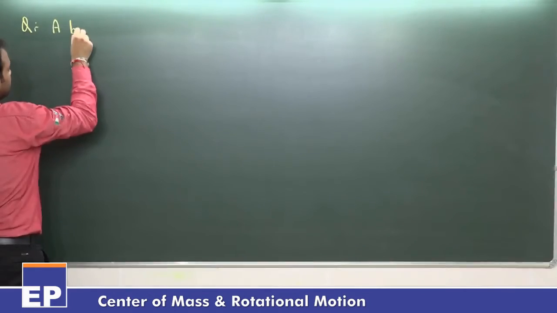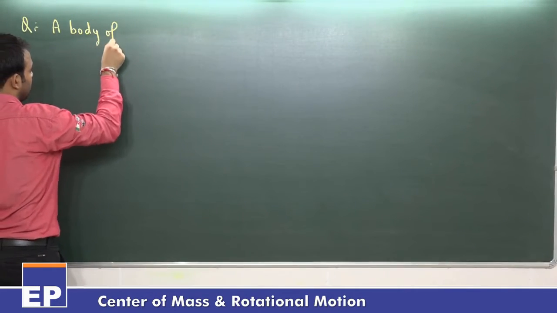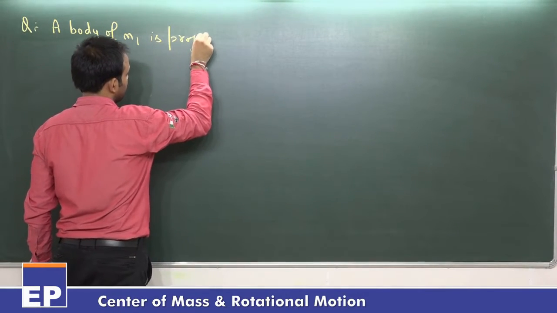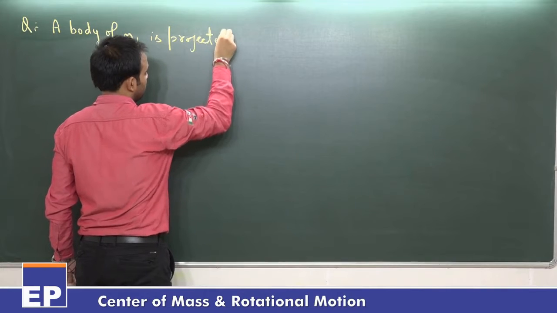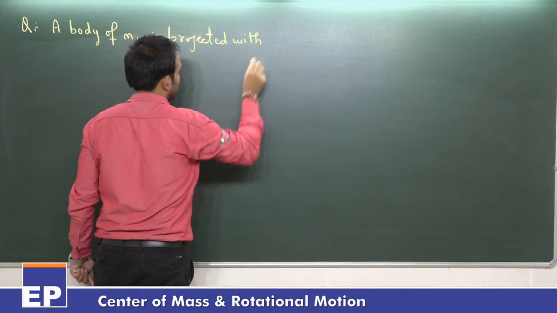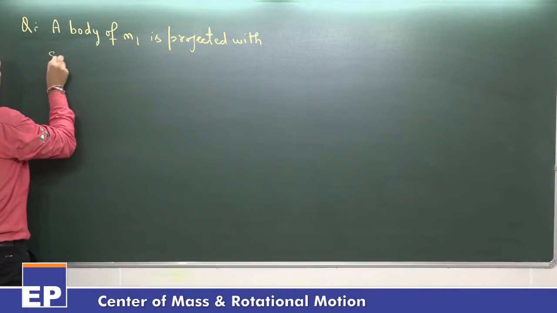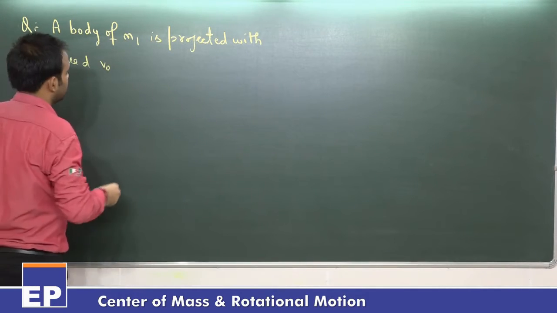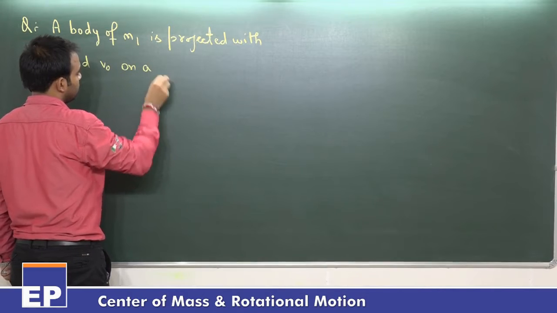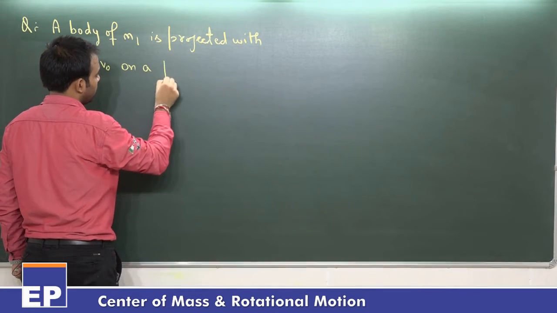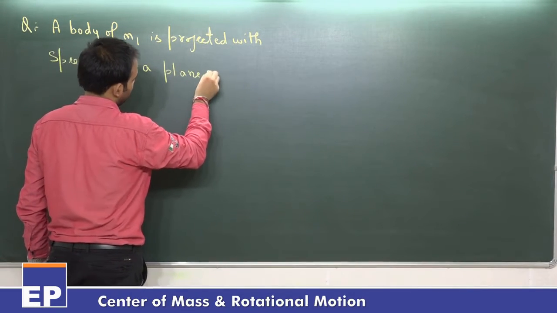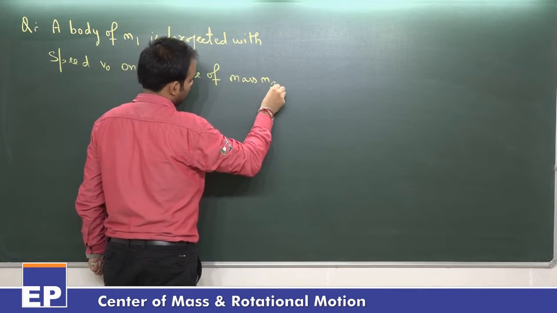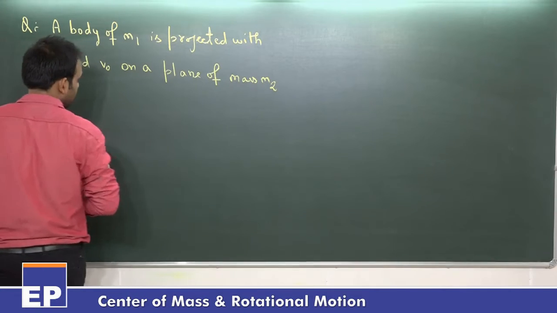A body of mass m1 is projected with speed v0 on a plane of mass m2, as shown.